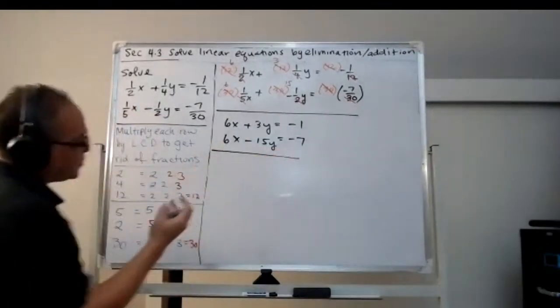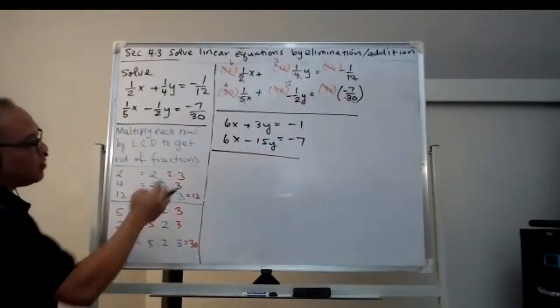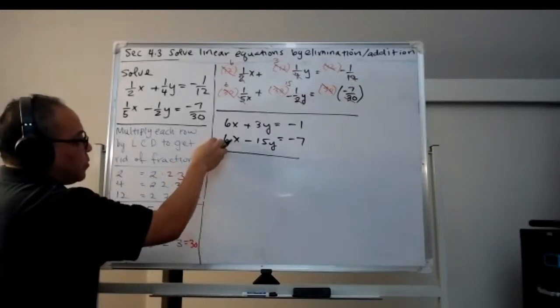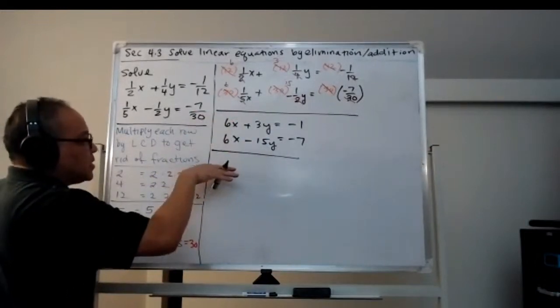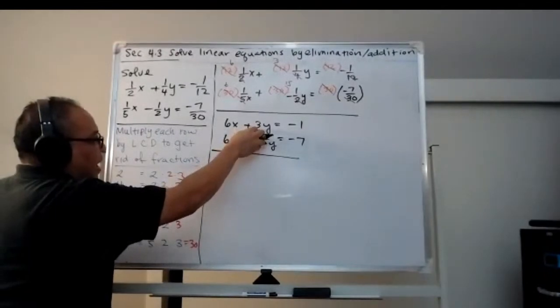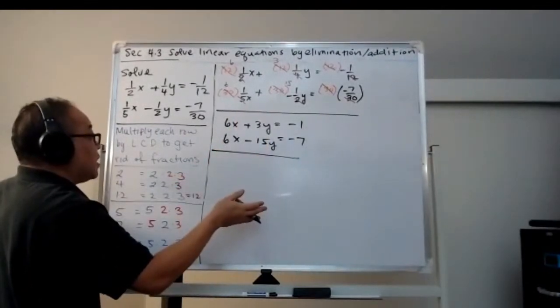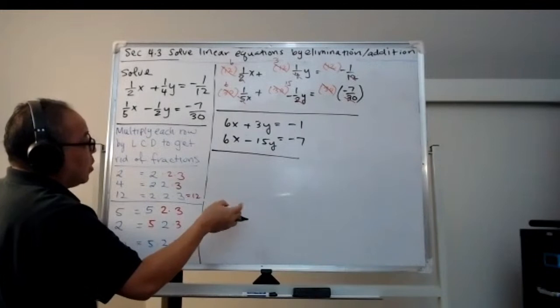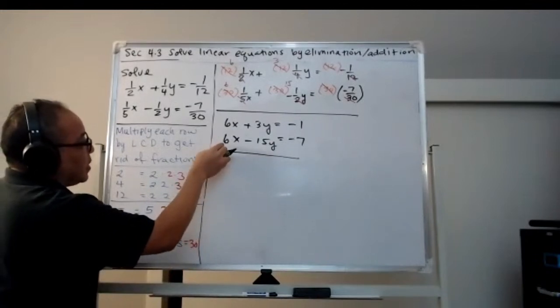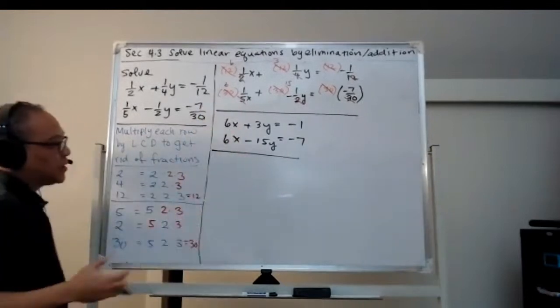So we have a couple options here. We can either multiply this by -1 and then get rid of the x's, or I can multiply this by 5 and get rid of the y's. Why don't we get rid of the x's? So go ahead and multiply this by -1 and then add straight down.